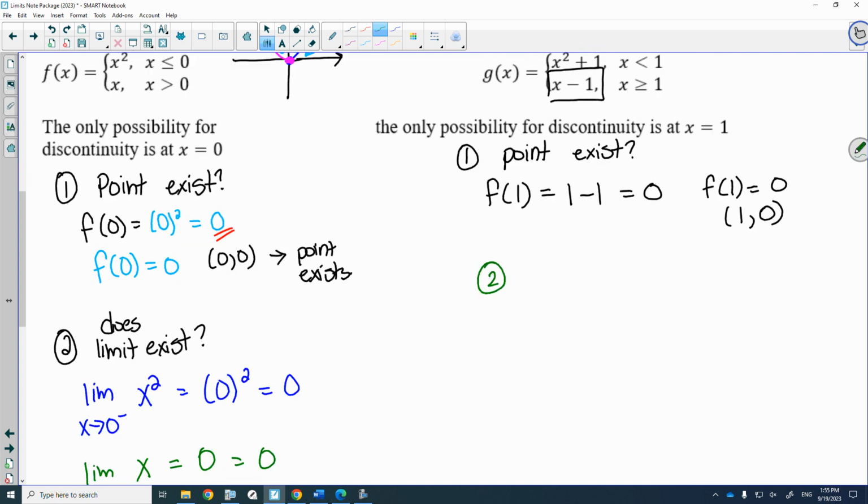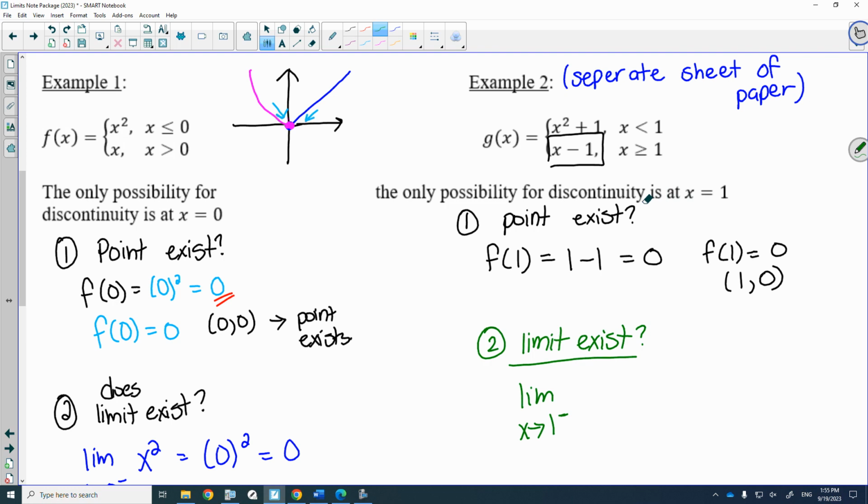Second thing we're going to check, does the limit exist? In order for our limit to exist, we need to check the limit as x approaches 1 from the left. Which function would I punch in for my left-hand limit, the top or the bottom one?